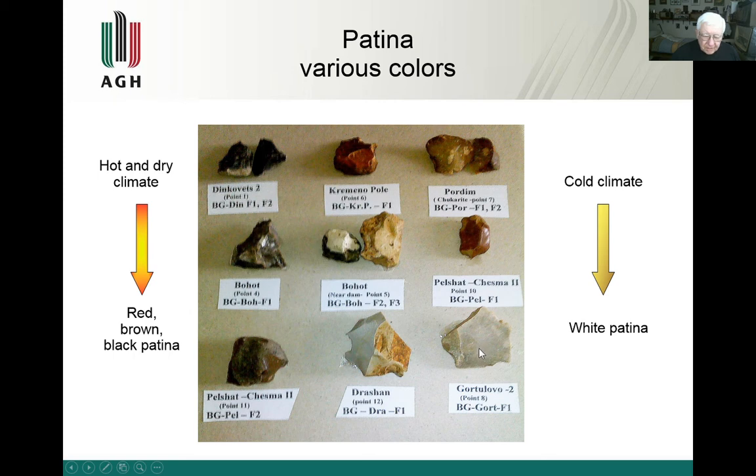This means the spaces between crystals of chalcedony are enlarged, small spaces appear, small fissures, micro fissures even below 1 micrometer in diameter, and this destruction of the structure of the flint we observe as change of color because of a special optical phenomenon on the surface of the flint.